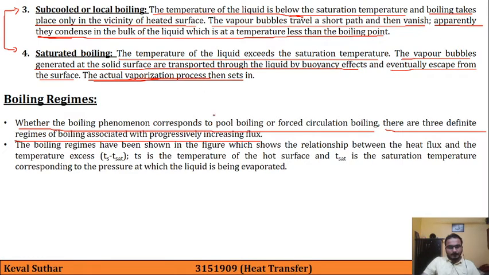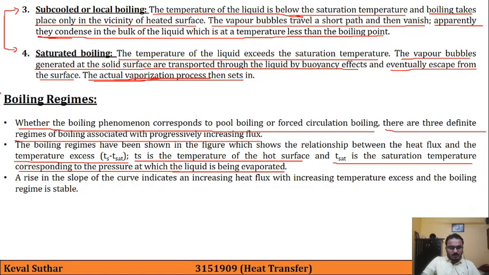For this temperature axis, Ts minus Tsat, Ts is the temperature of the hot surface and Tsat is the temperature corresponding to the pressure at which the liquid is being evaporated.